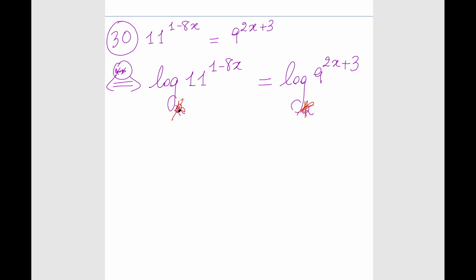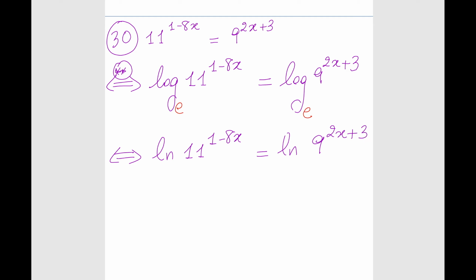Okay, so I'm going to erase these, and I'm going to choose e, which means this is going to be ln. How about I rewrite it? So that's going to be ln of 11 to the power 1 minus 8x is equal to ln of 9 to the power 2x plus 3, right?